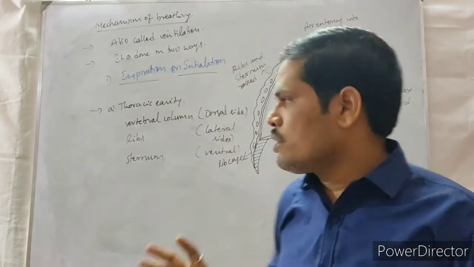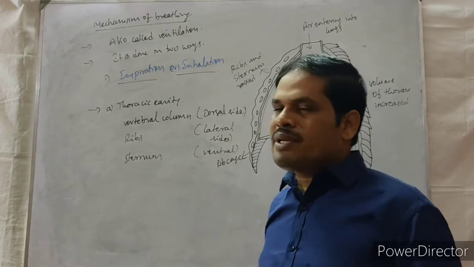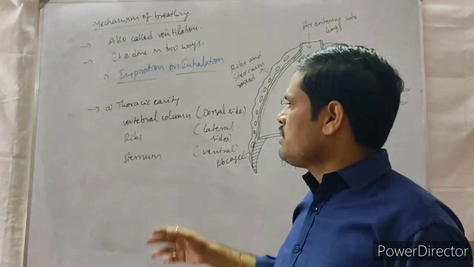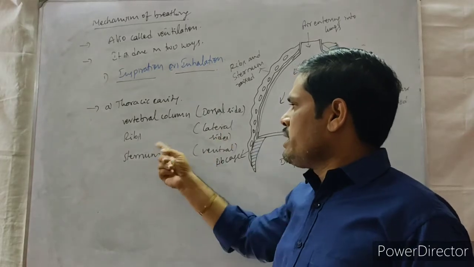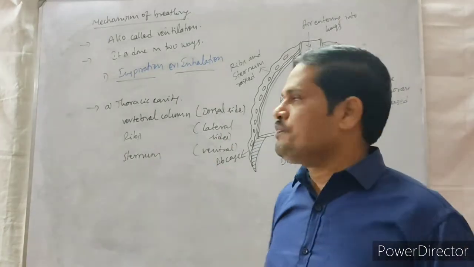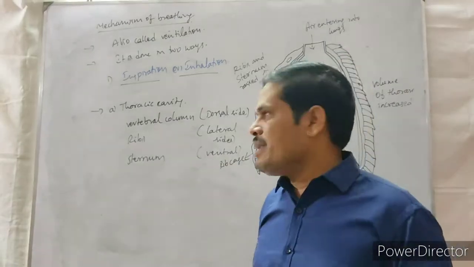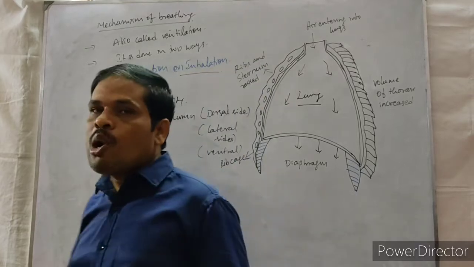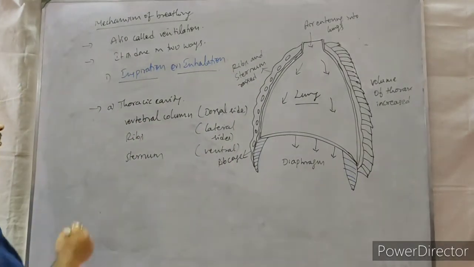See how the thoracic cavity is formed. The vertebral column, which is what we call the backbone, is on the dorsal side. Then ribs on the lateral sides, and the sternum on the ventral side. All these combined together form the thoracic cavity or rib cage.